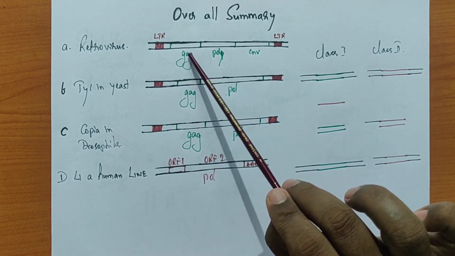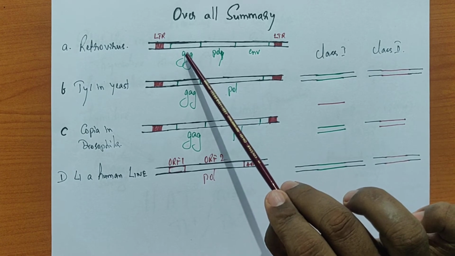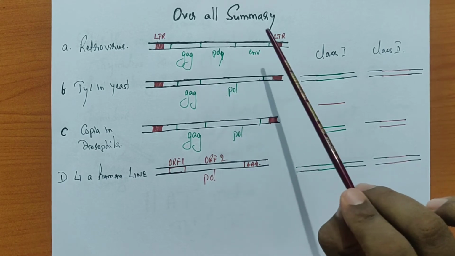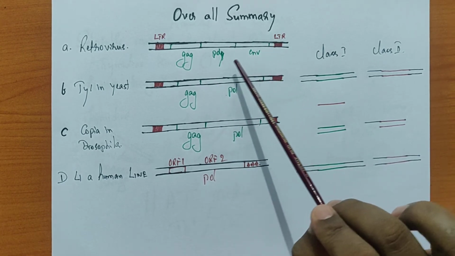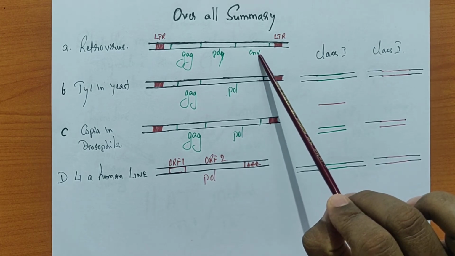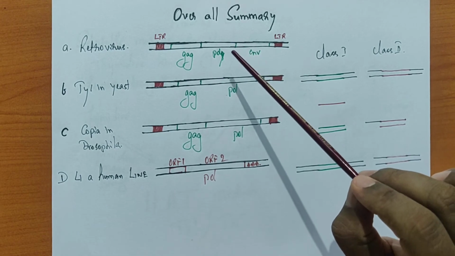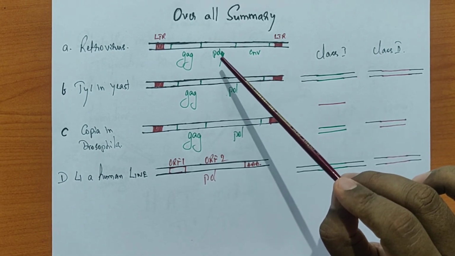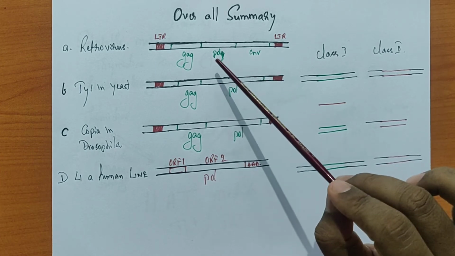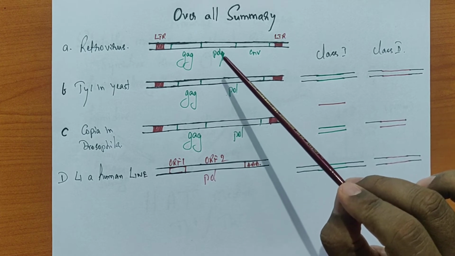Now there is a gag region, because this gag region is very important for the replication of the genetic material. Now we have the Pol gene. Now we have the envelope gene, in fact. The Pol gene, in case of a retrovirus, codes for the enzyme reverse transcriptase. I think you have studied the lytic cycle and the lysogeny cycle in case of the phage vector.